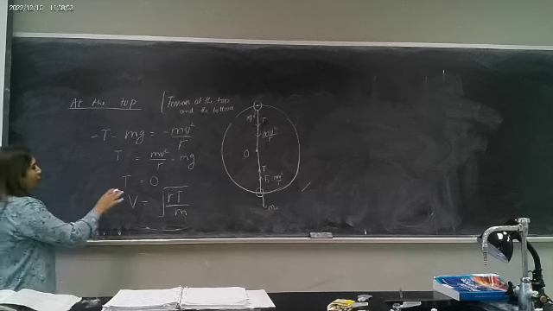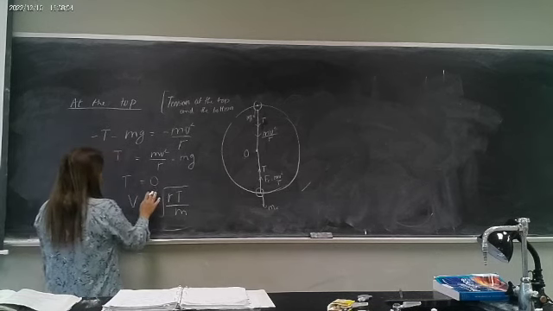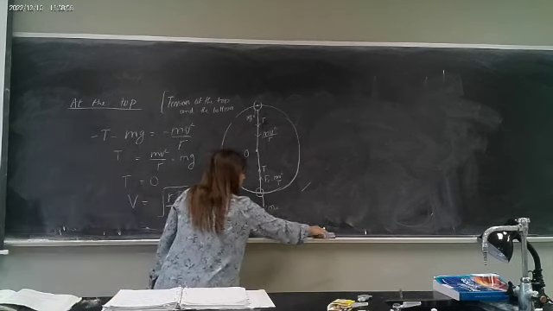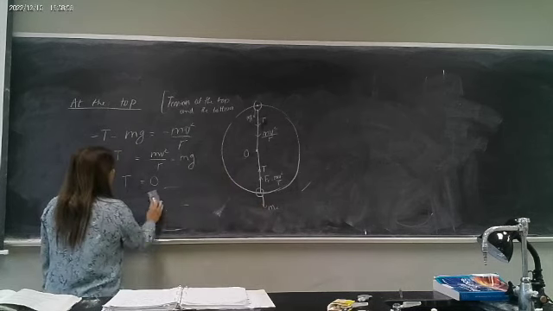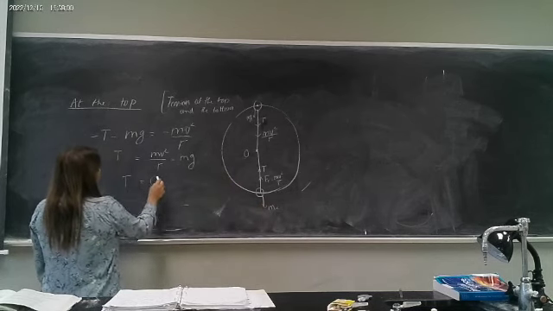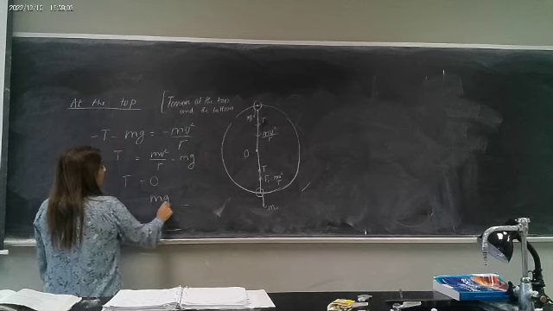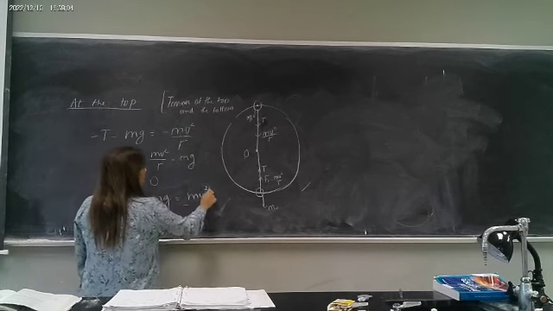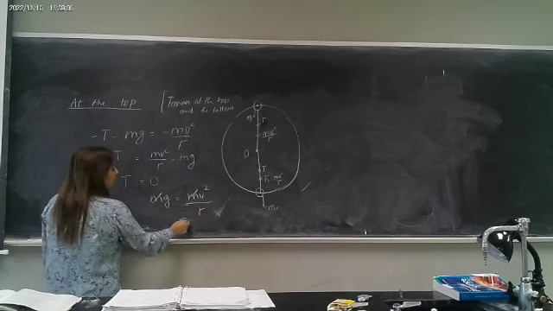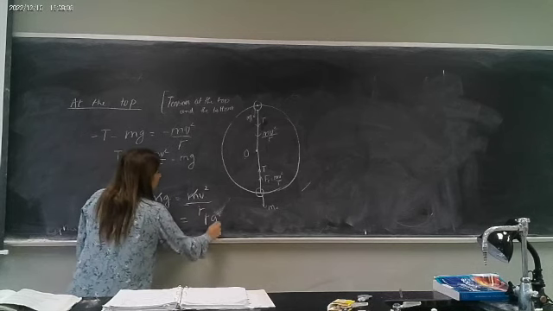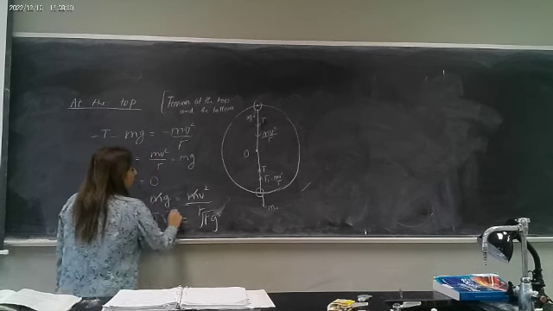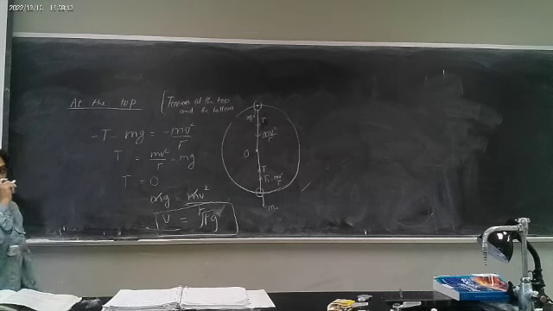Sorry, tension goes to 0, so tension is not there. This would be equal to mg equals mv square over r. M gets cancelled, and v would be equal to the square root of rg. That is the speed it has to have in order to have zero tension in the string.